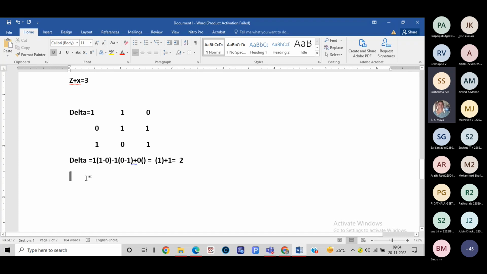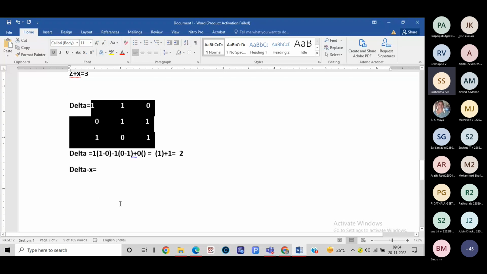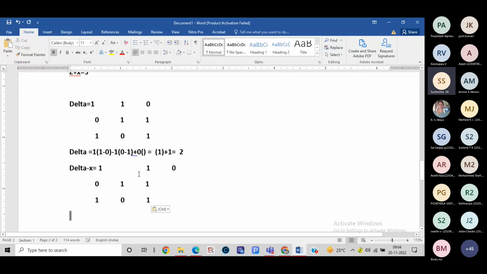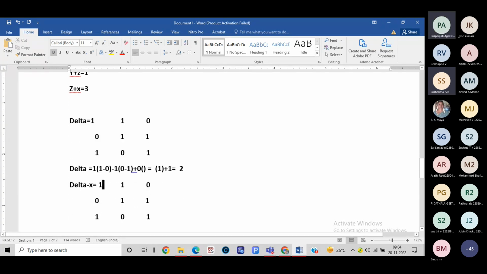Shall we go for delta x? Delta x. How to write the delta x? Copy the same thing. I want to replace the first column. First column is what? 0, 0, 1.